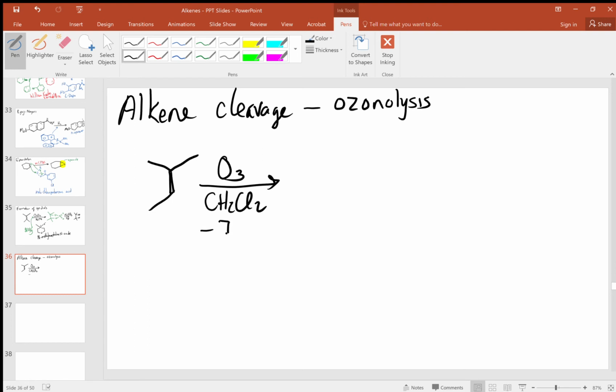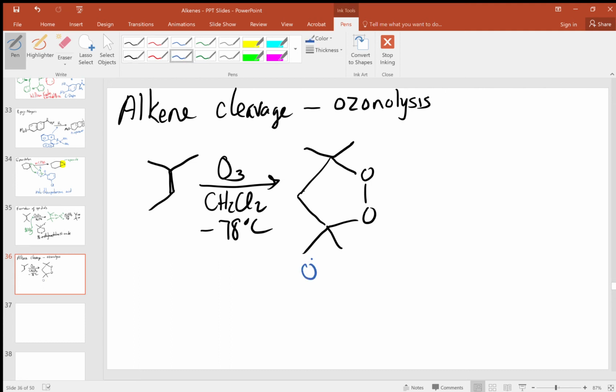You also generally have to run this reaction cold, negative 78 degrees Celsius. And we're not going to do a mechanism of this reaction. The reason I'm not going to cover a mechanism here is that this is an extremely complicated mechanism. In fact, this mechanism actually showed up on my final in one of my organic synthesis classes in grad school.